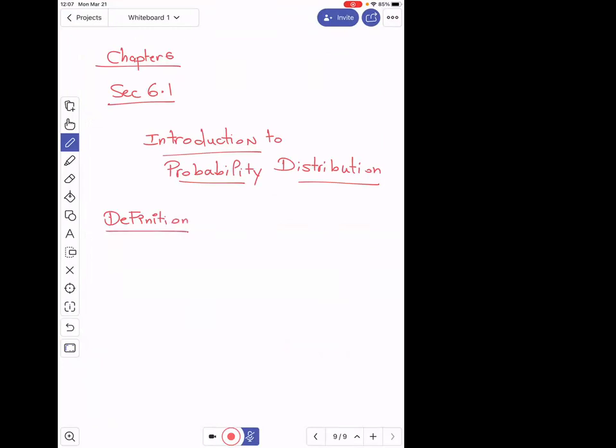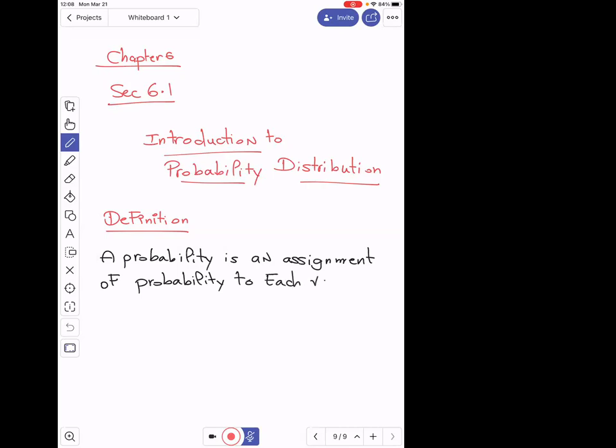A probability distribution is an assignment of probability to each value of the variable x.